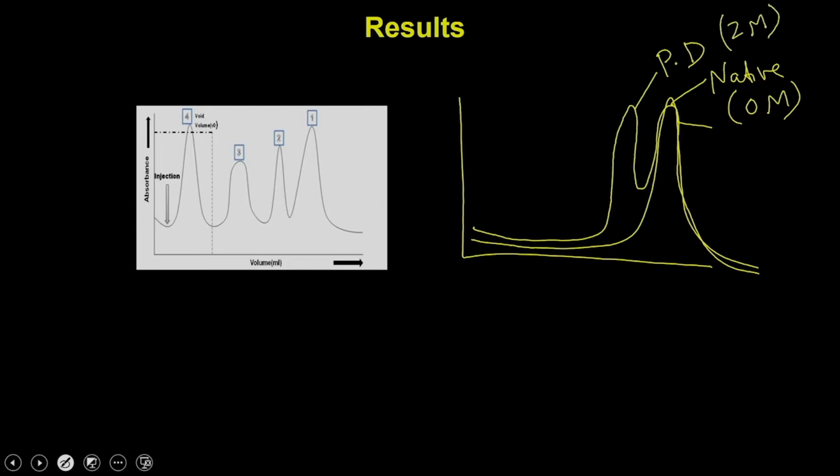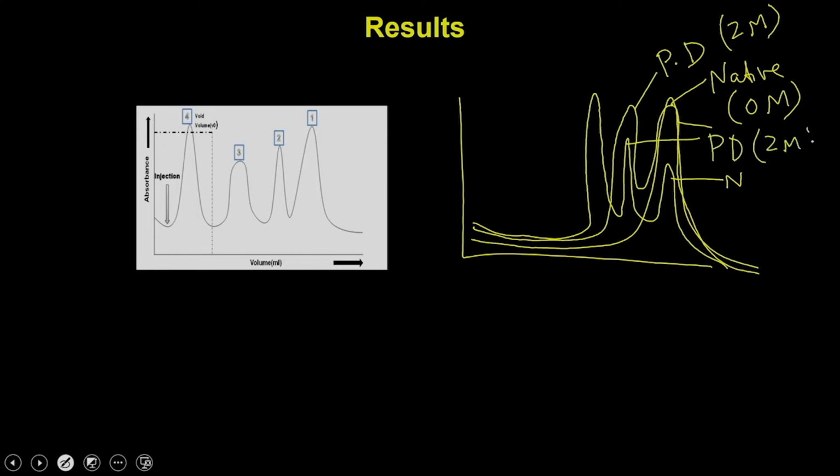Now, if you increase further, you are going to see one more peak, and you are going to see that the native protein is now reducing in concentration, and you are getting the partially denatured protein of 2 molar urea, and another peak corresponding to 4 molar urea.